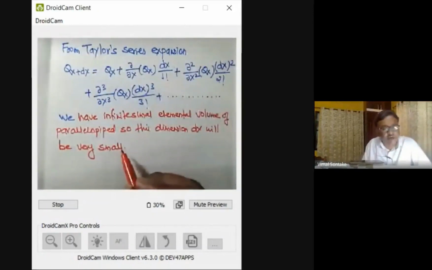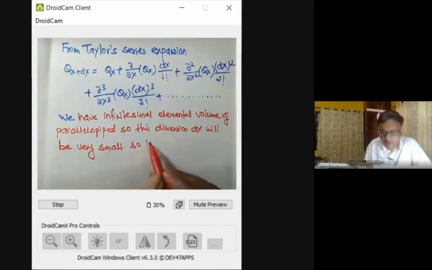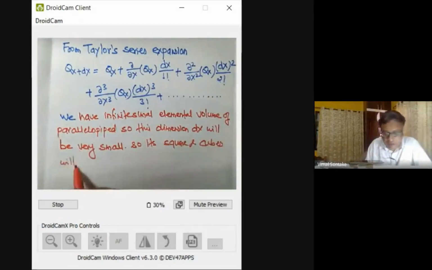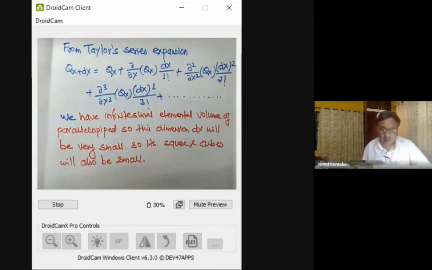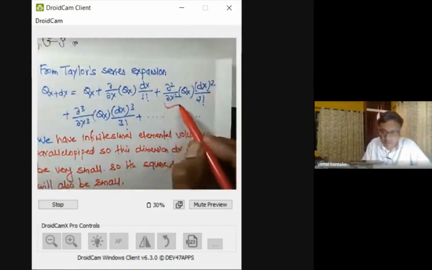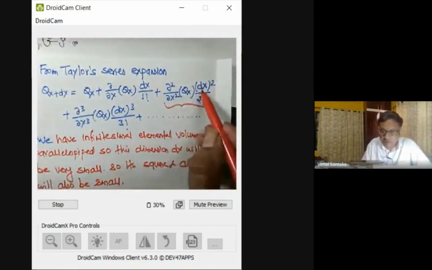And if dx is already small, its square and cube will also be small.